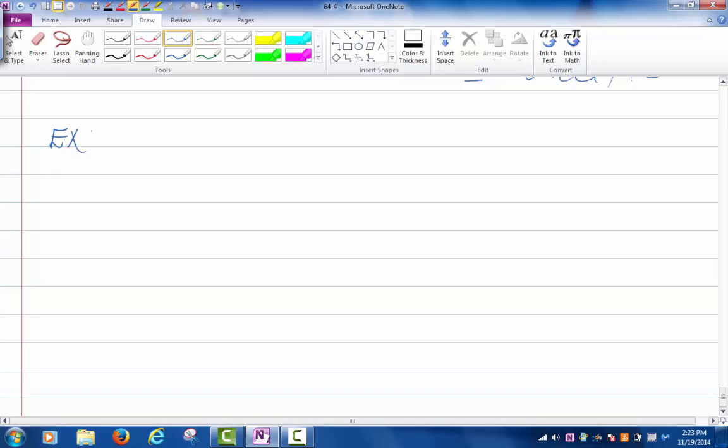Let's look at another example on substitution. So let's say I have the integral of secant squared of theta times tangent cubed of theta d theta. Okay, so in this case, what did you pick for u? Secant squared, you want to pick that for u?